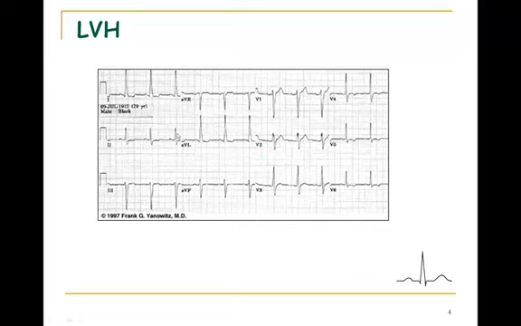Here is an EKG taken from someone with left ventricular hypertrophy. A couple things I want you to notice is, one, these look a little bit higher voltage. Now it's hard to count the number of squares, but this is relatively a high voltage EKG. But I want you to concentrate on the standard limb leads 1, 2, and 3.